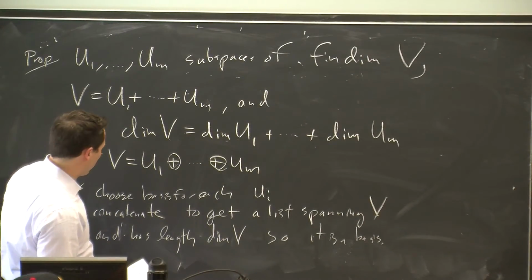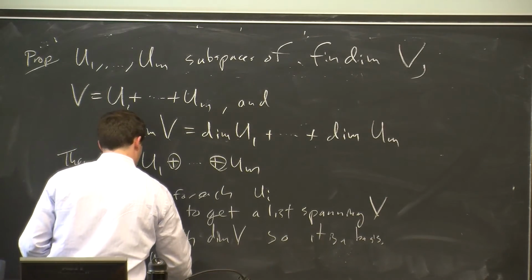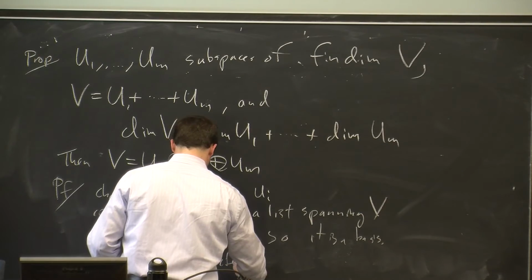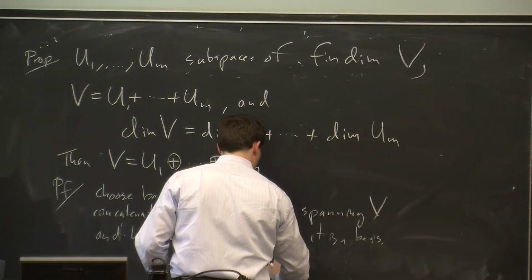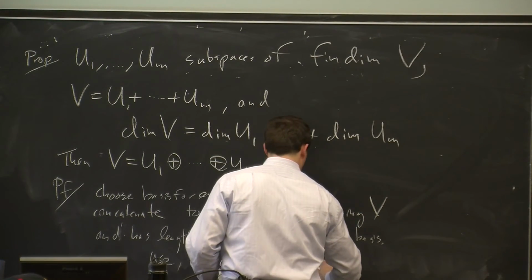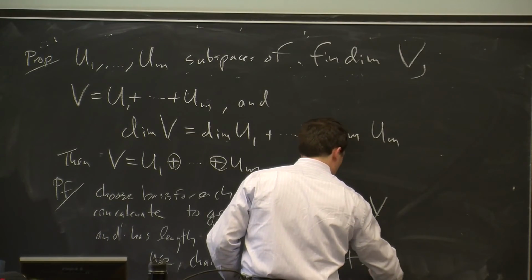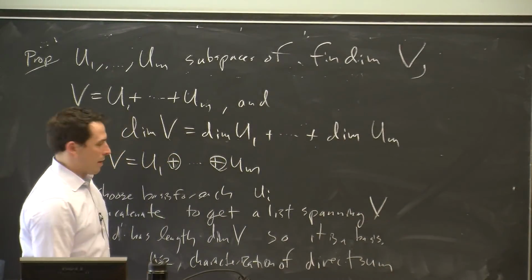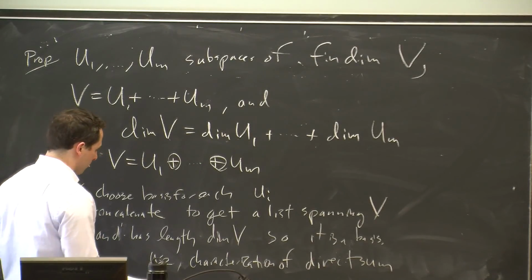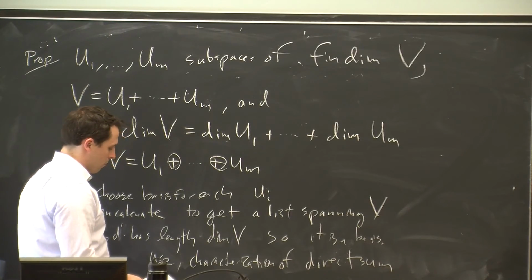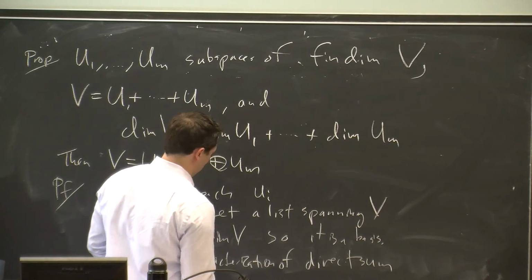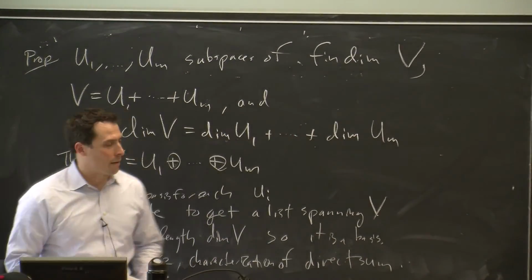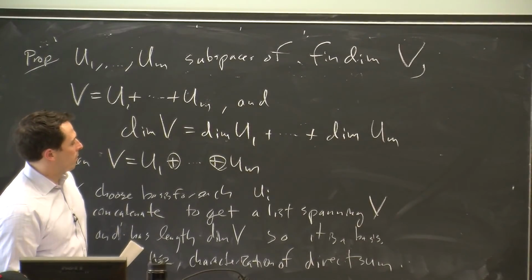And then you use the characterization of direct sum that says that the expression for 0 is unique. Maybe I'll give the details of that next time we talk.